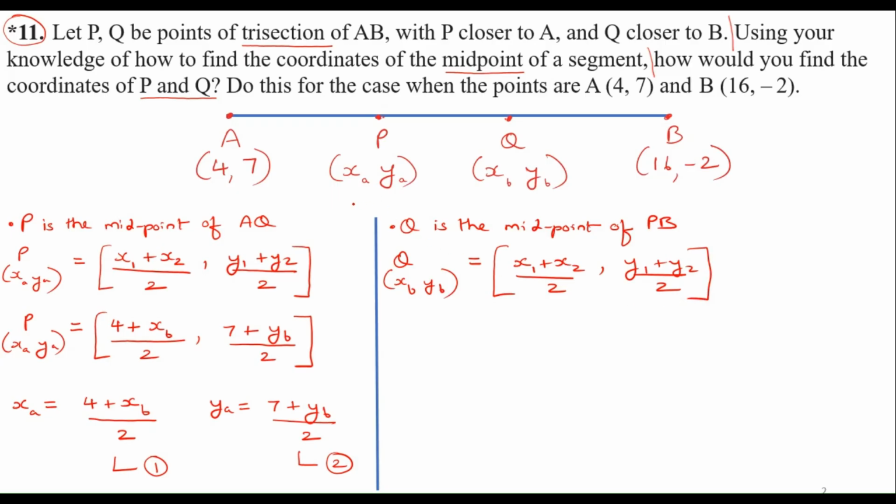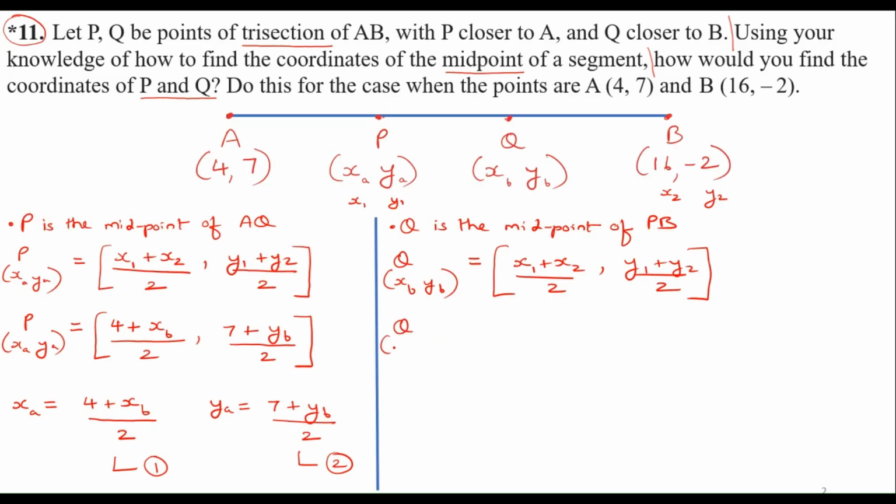And now here Q is the midpoint of PB, so we will take this as x1 y1 and this as x2 y2. So every time, this x1 y1 we need to take as per the requirement.